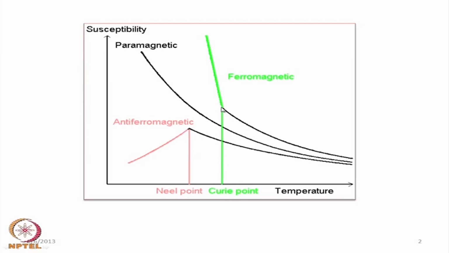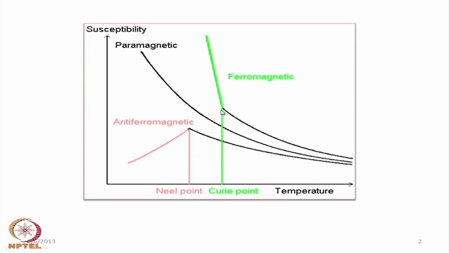Similarly, another temperature can be observed for some other system which is ferromagnetic in nature, where we get a Curie temperature, and above this Curie temperature the system is simply behaving like a paramagnetic system, because at this temperature the measurement will not tell you whether our species is a ferromagnetic one or a paramagnetic one.